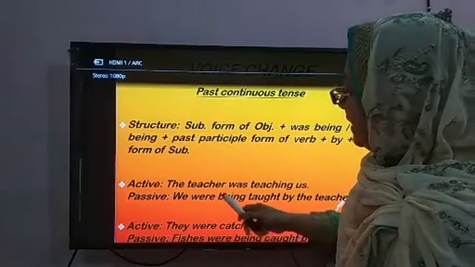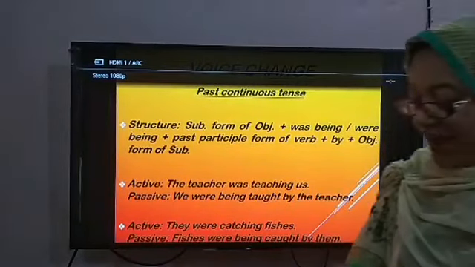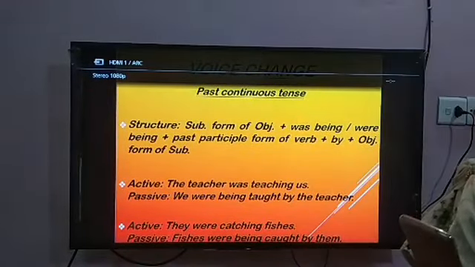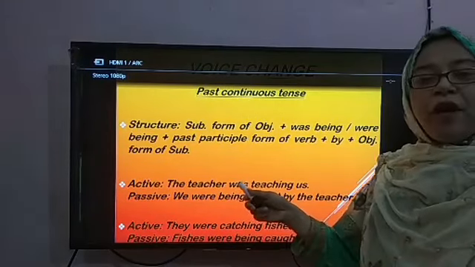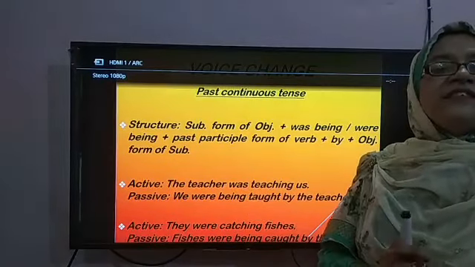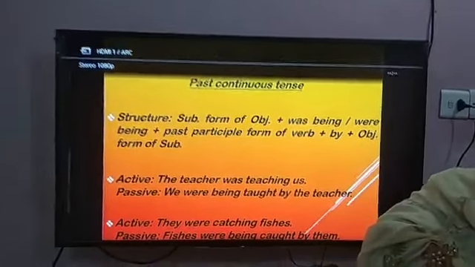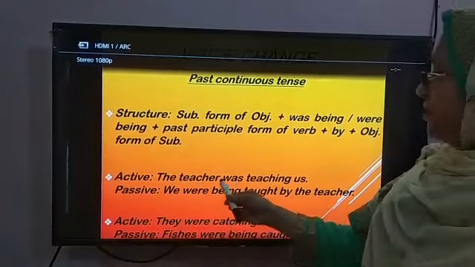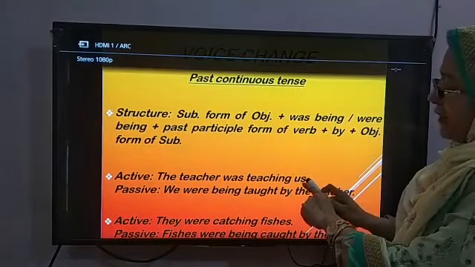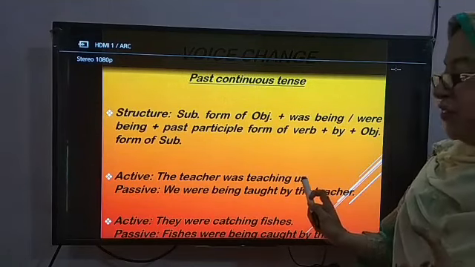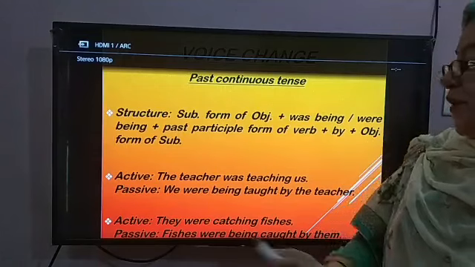Okay, look at this: the teacher was teaching us. That is the example of past continuous tense. So, when us becomes the subject of the passive form, it will be we.